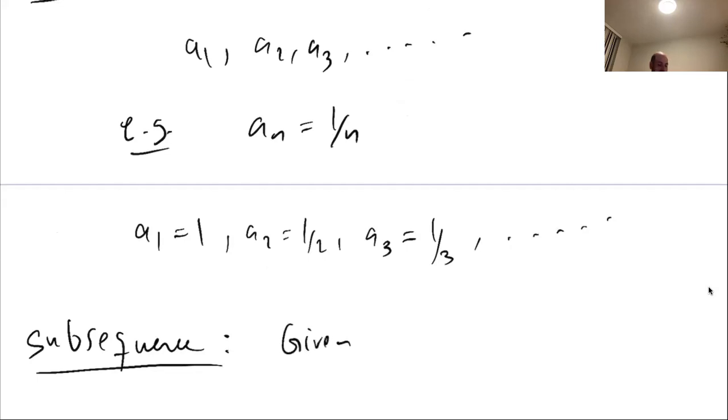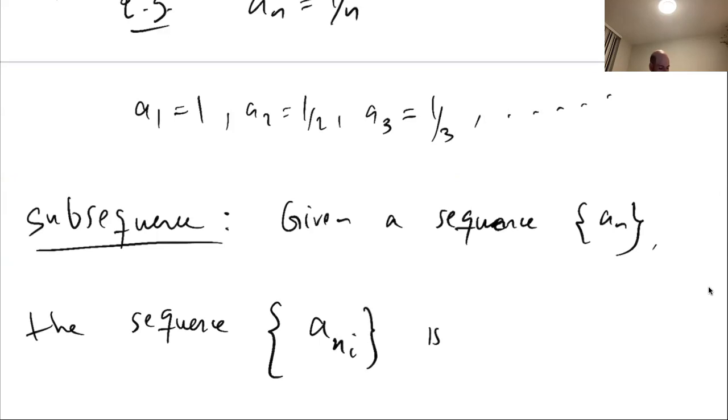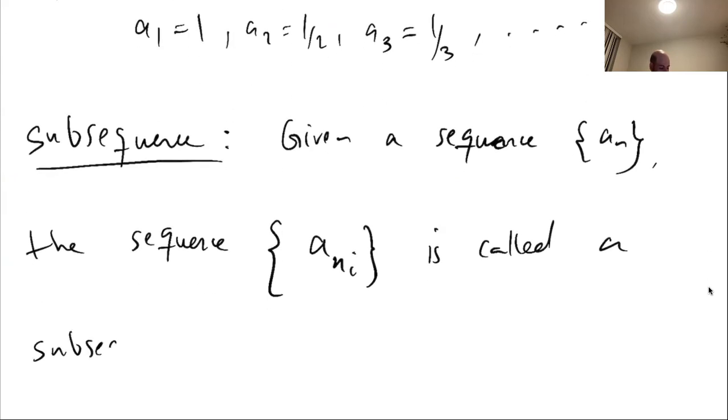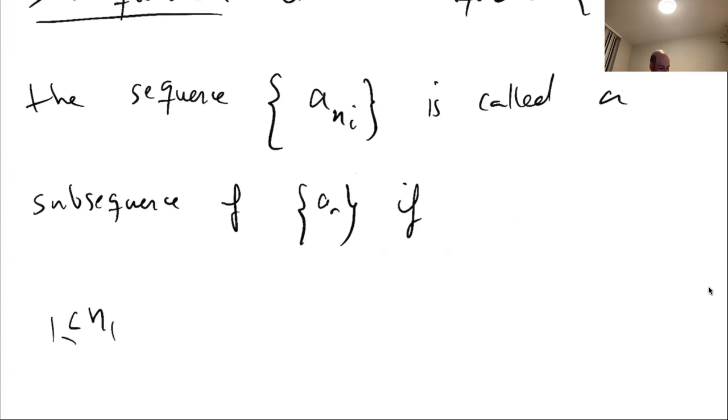So to have a subsequence, first I need a sequence. So given a sequence An, the sequence A_ni is called a subsequence of An if n1 is bigger than or equal to 1, less than n2, n2 less than n3, and so on.